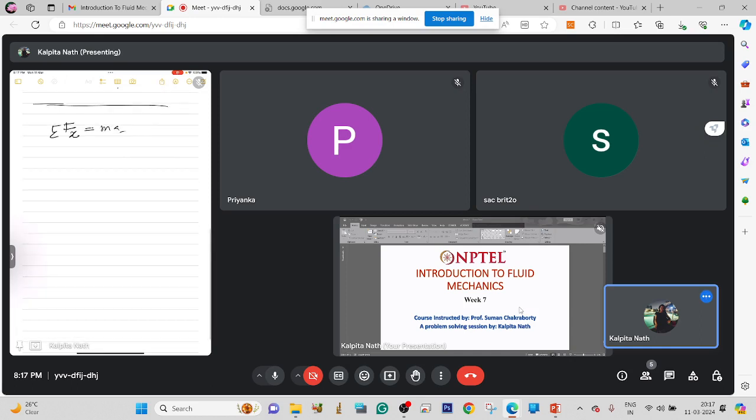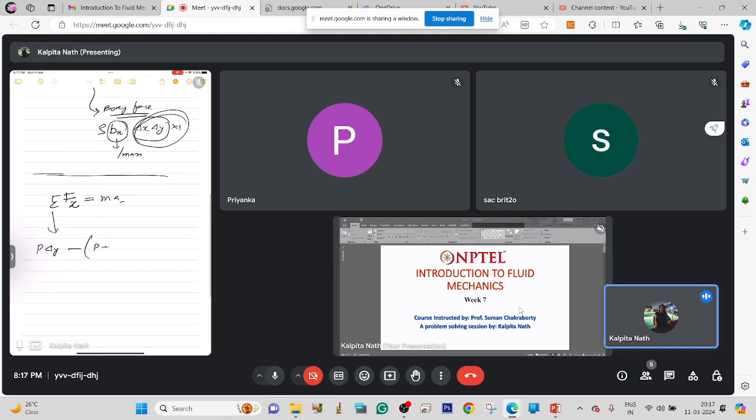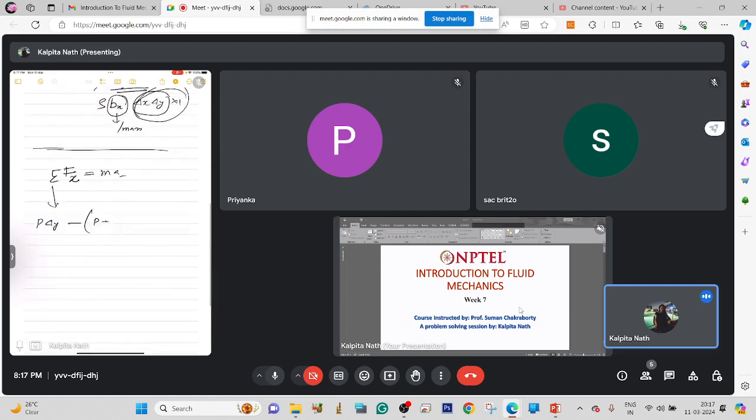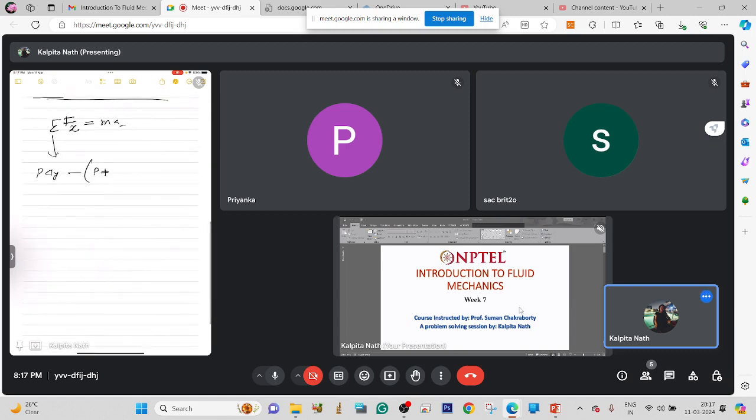So if we do the summation of all forces, first the pressure force P delta y minus the pressure on this side of the fluid element, so this will be P plus del P del x delta y, plus rho Bx delta x delta y. And this is rho into delta x delta y, the mass, multiplied by del u, the acceleration.